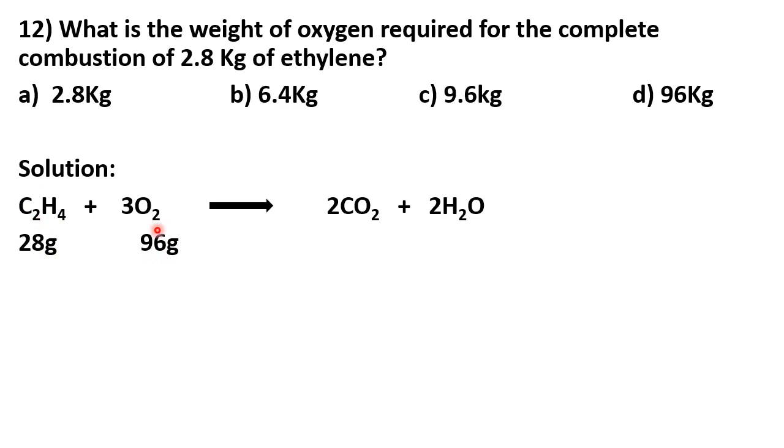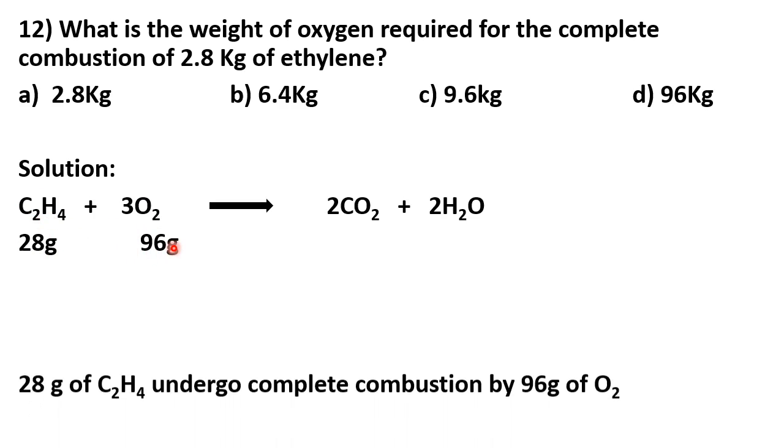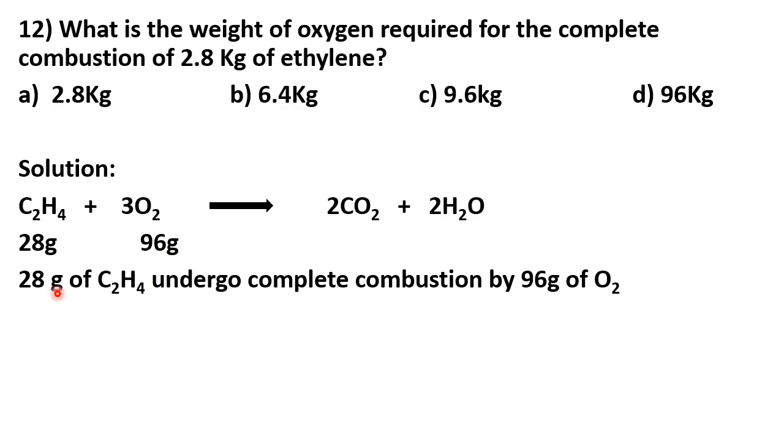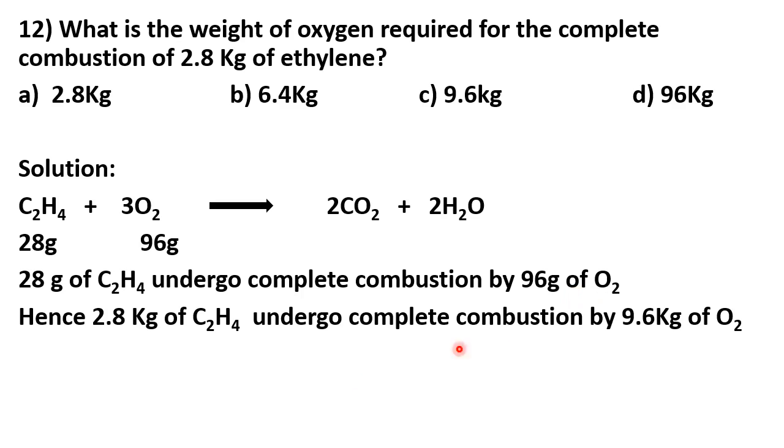So here 28 gram of C2H4 undergoes complete combustion by 96 gram of oxygen. Therefore 2.8 kg of C2H4 undergoes complete combustion by 9.6 kg of O2. So the correct option is option C.